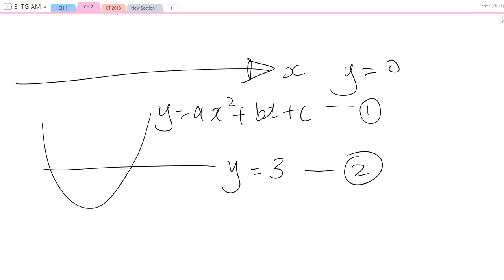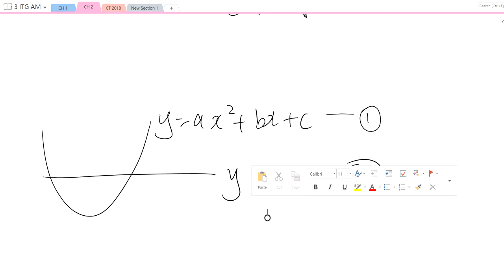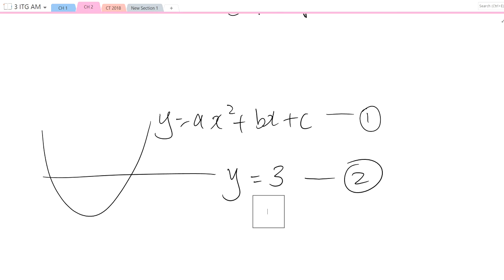Where are the 2 x values? They are both at y equals to 3. Okay, and the results for x are over here and over here. Am I right? Okay so far?